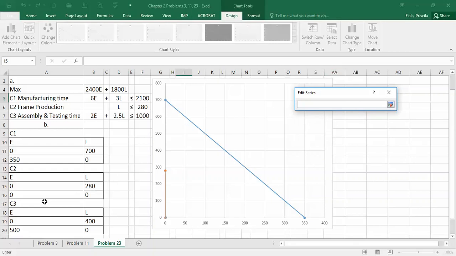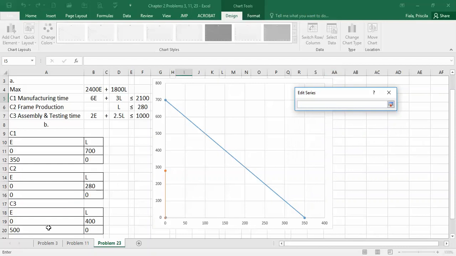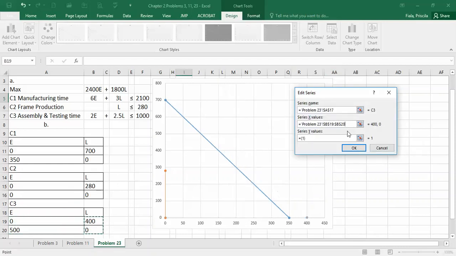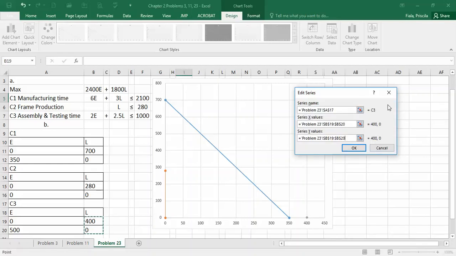So your last constraint is constraint 3, and your x values are over here, and your y values are over here. And oops, make sure it selects. I did that before. When you select correctly, it actually tells you what is going to show. And see how I did it incorrectly?